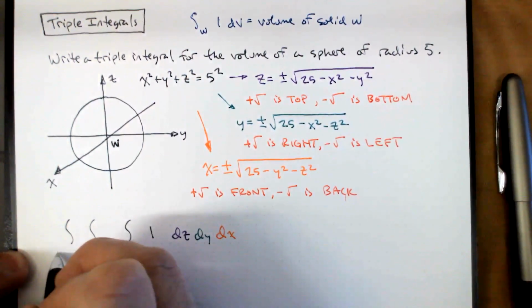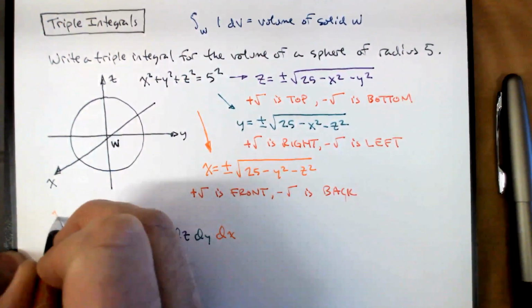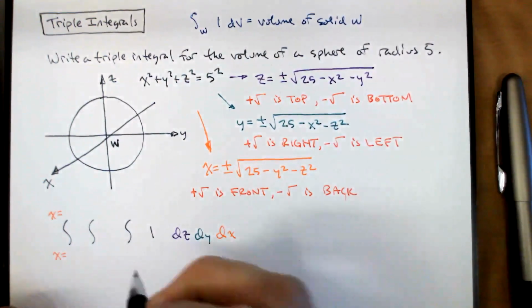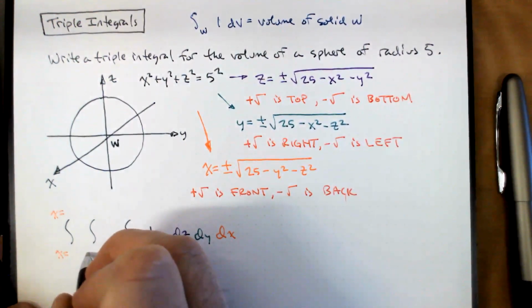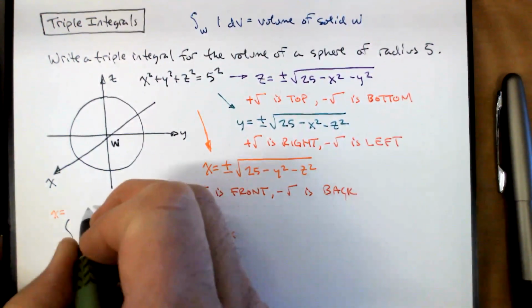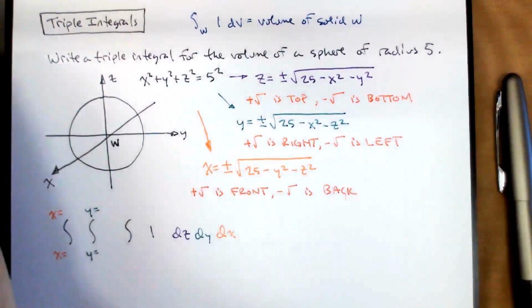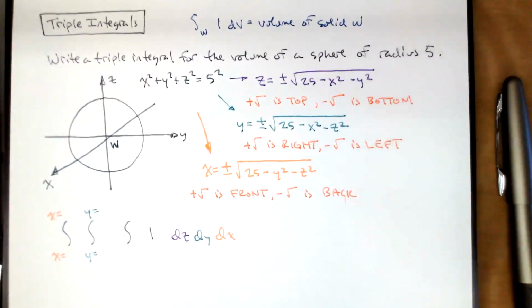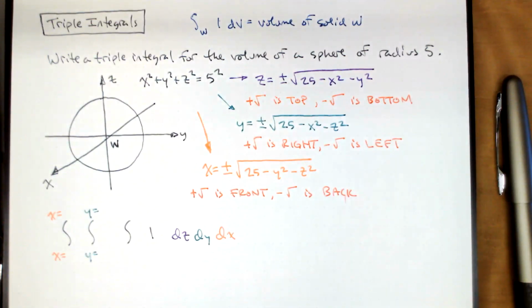So this last one is going to be the x equals, and that will have to be constants. The middle one will be y equals. Those endpoints will have to be only functions of x. And then the first one will be z equals.